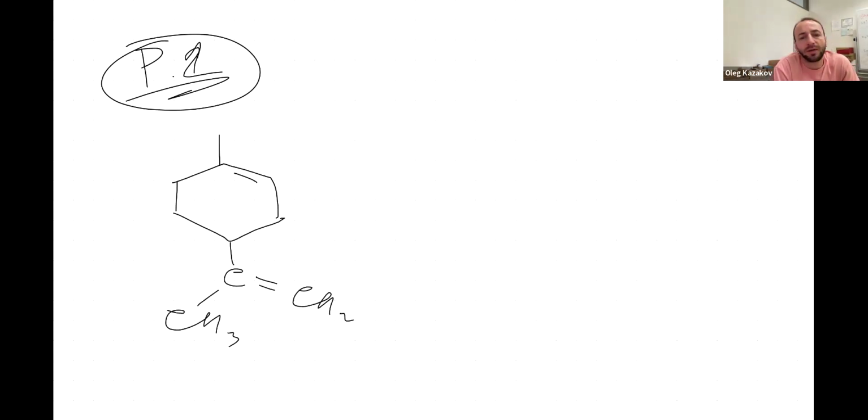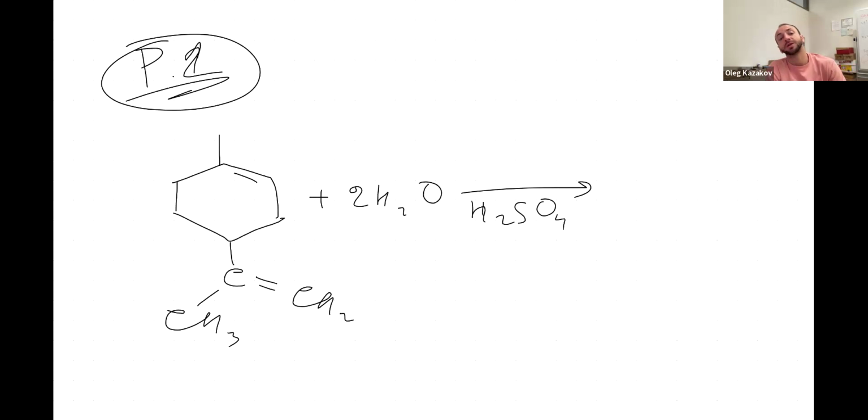Now we're going to add two H2O molecules to that structure, right? Again, in the presence of H2SO4, this reaction will go. Now let's take a look at what could happen here. We'll have two alkene centers, that's 1 and 2 here, right?